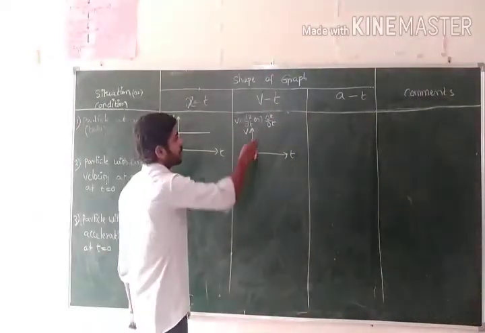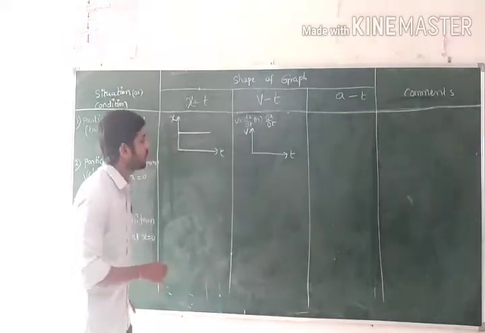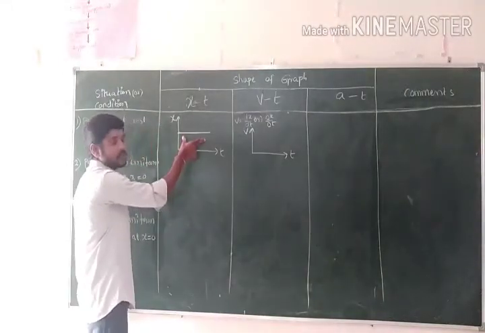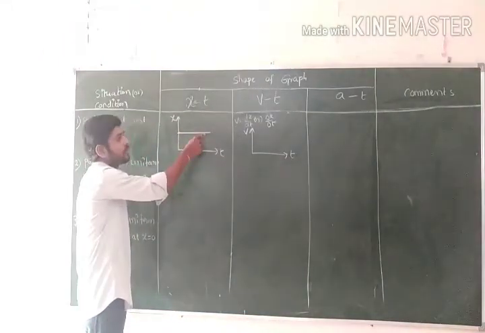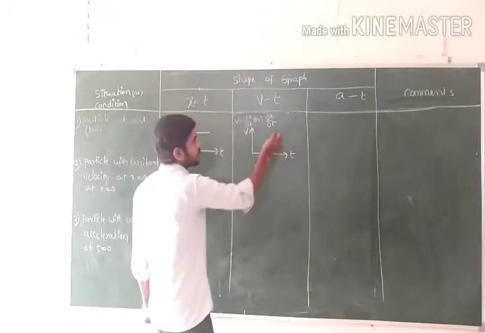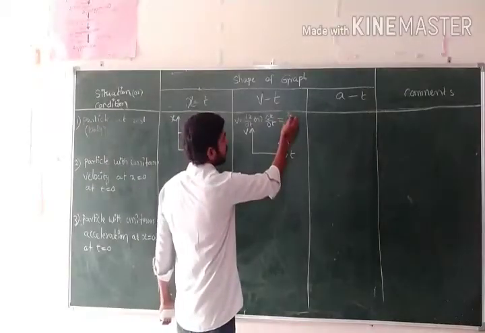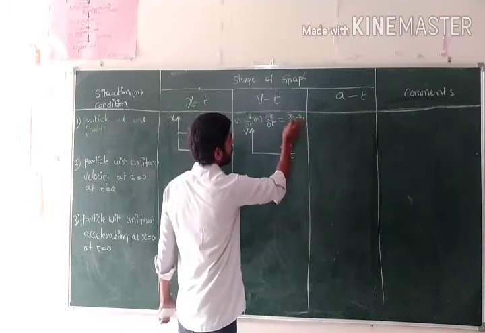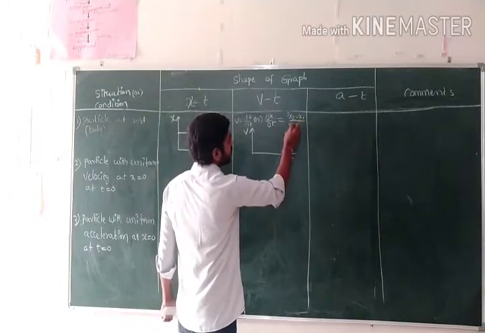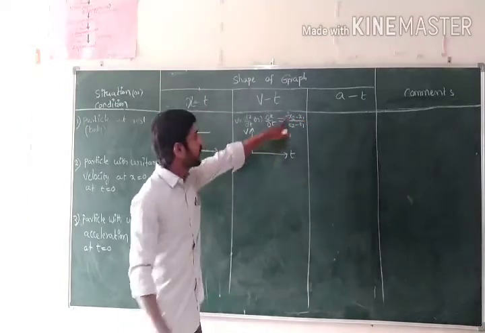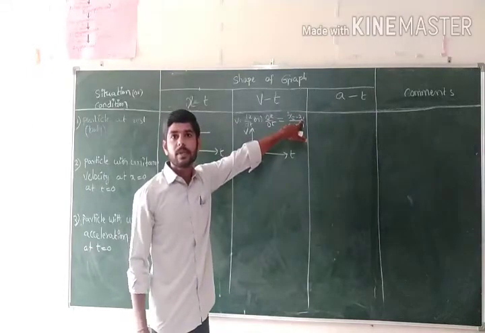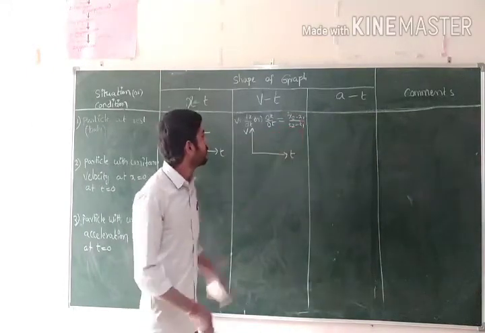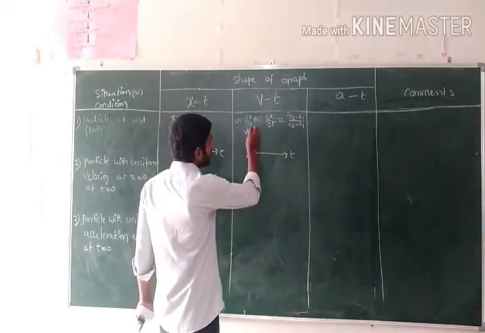Now we have to derive what graph comes. In this case the displacement remains constant, so you can write (x2 minus x1) by (t2 minus t1). Here x2 and x1 are both the same because displacement is constant. So the resultant velocity graph is like this.